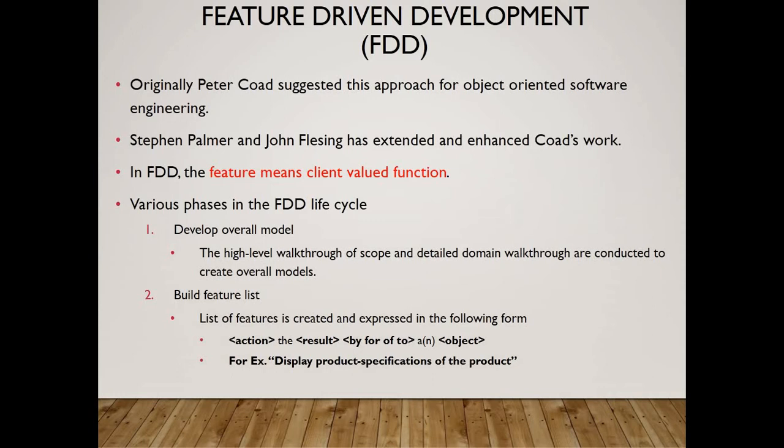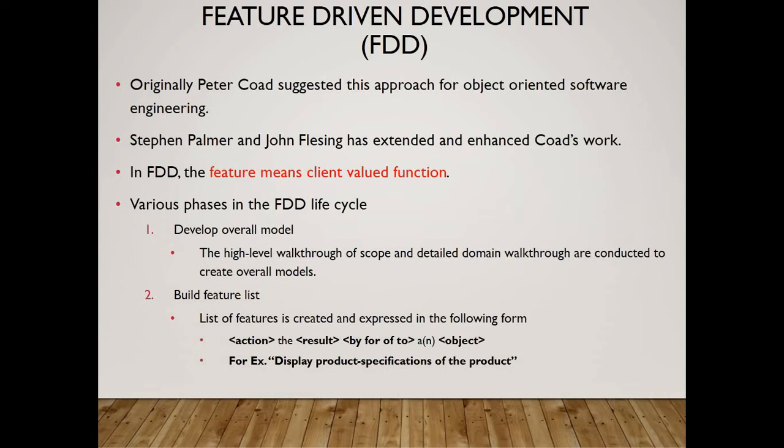In FDD, a feature means a client valued function. Now we will discuss the five phases of FDD. Our first phase is develop an overall model. In this, a high level walkthrough of the scope and a detailed domain walkthrough are conducted to create the overall models.